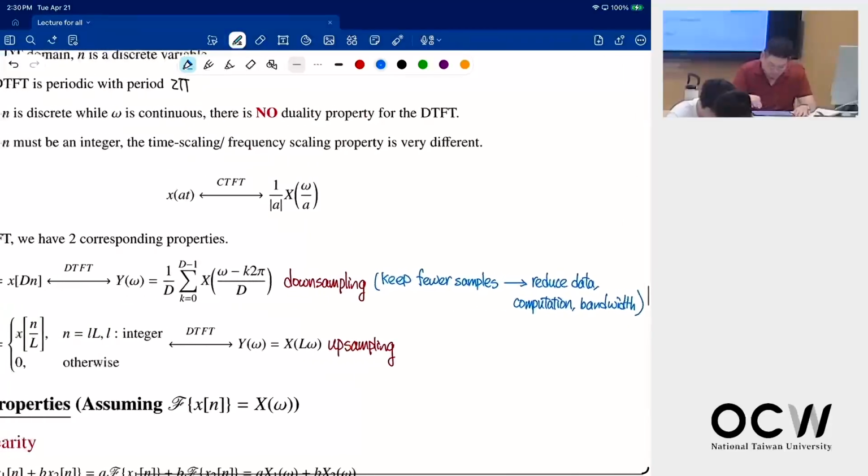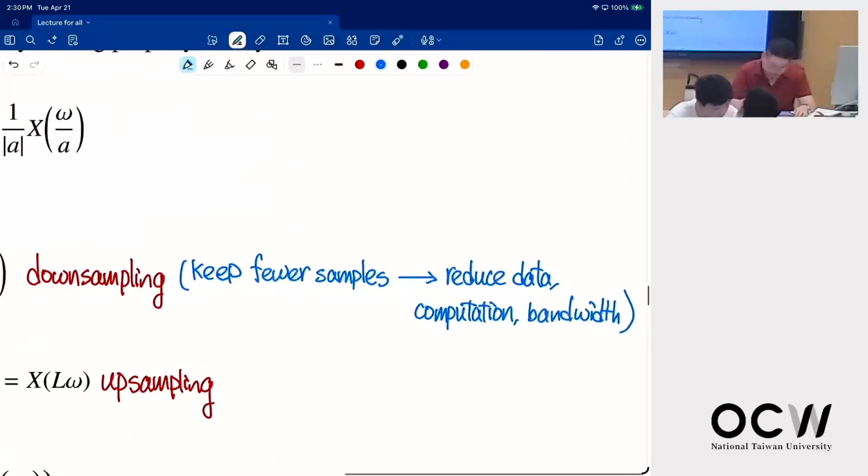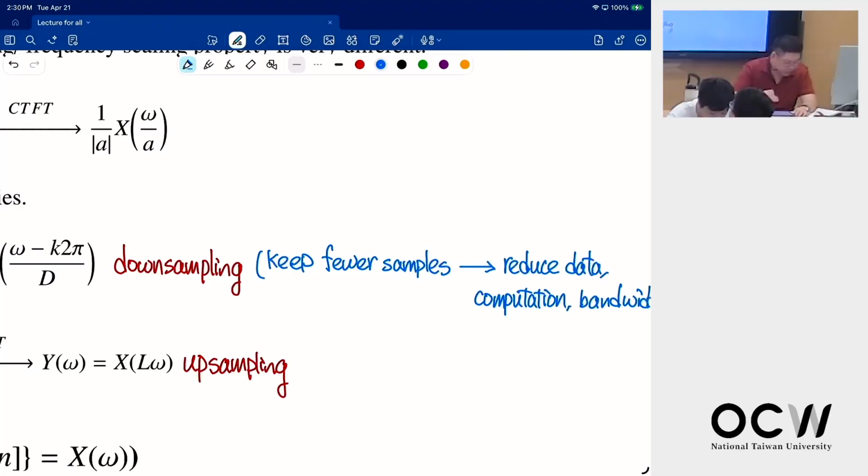For example, when do you do the downsampling? If you want to listen to music smoothly, you can do the downsampling.